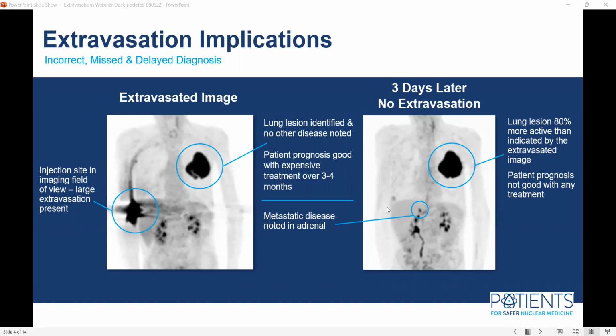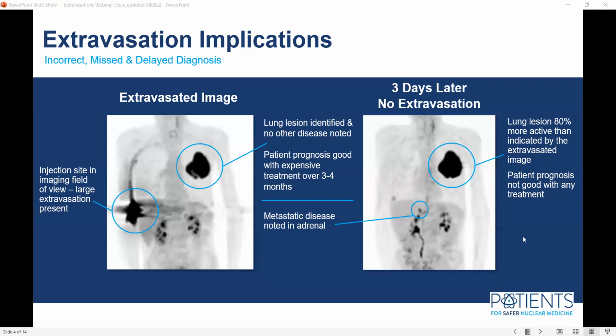More importantly, metastatic disease was picked up in the non-extravasated image, but was not picked up at all in the extravasated image. This is two very different prognoses for the exact same patient, all because of a large extravasation.